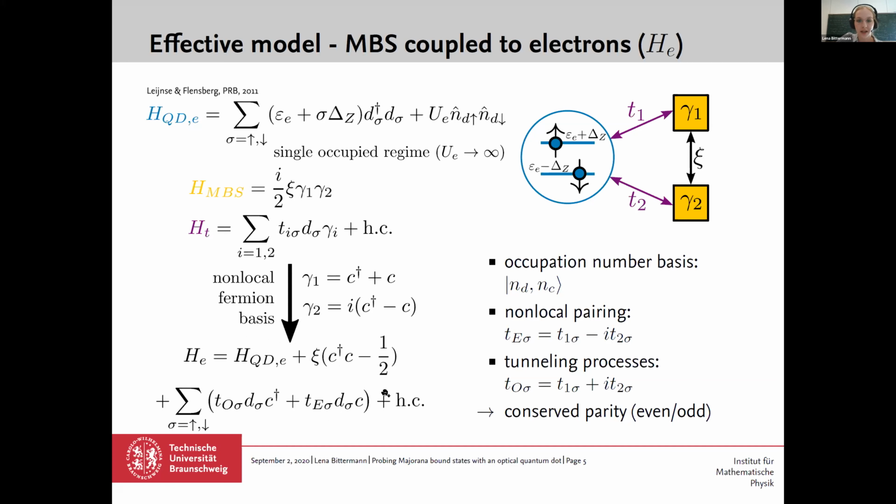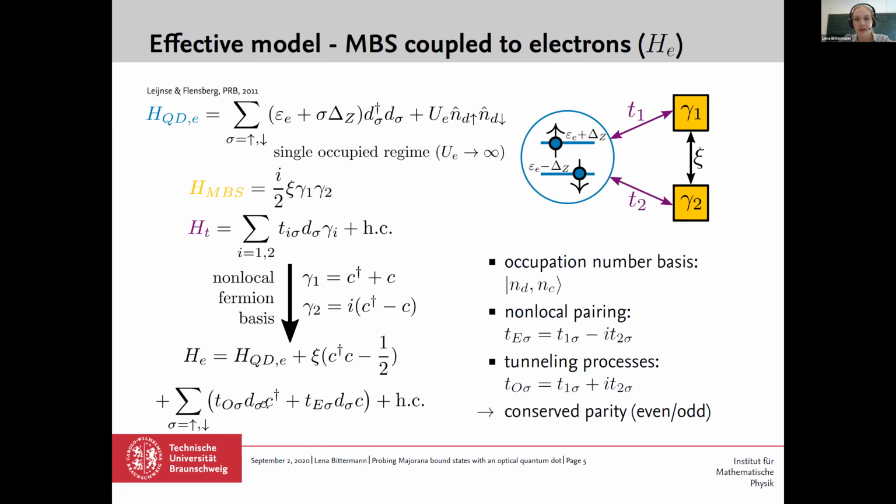And you can see in the tunneling Hamiltonian here that you get two terms. You get one non-local pairing term. This is a term which can create a pair of electrons where one goes into the dot and one is the non-local fermion. And you get terms of tunnel processes between the dot and the non-local fermion.